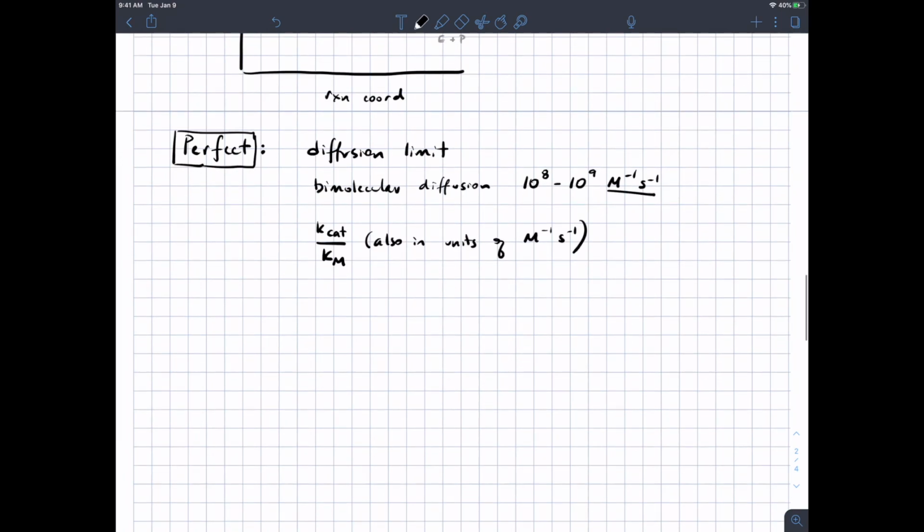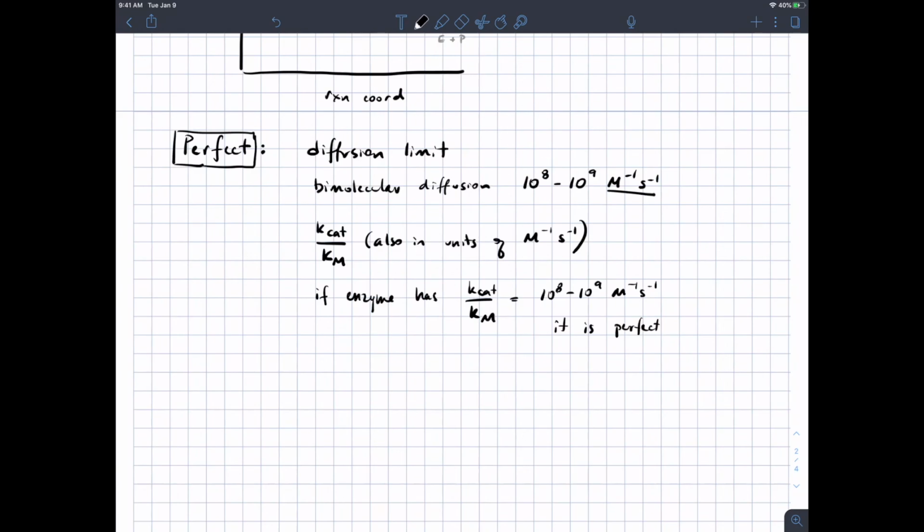So it turns out that if your enzyme has Kcat over Km equals 10 to the 8 to 10 to the 9, it is perfect. It is as fast as diffusion. It works so fast that the rate determining step is no longer the enzyme, but rather diffusion in water. And that's as fast as you can get.